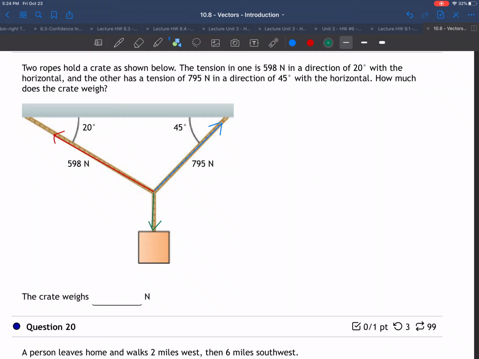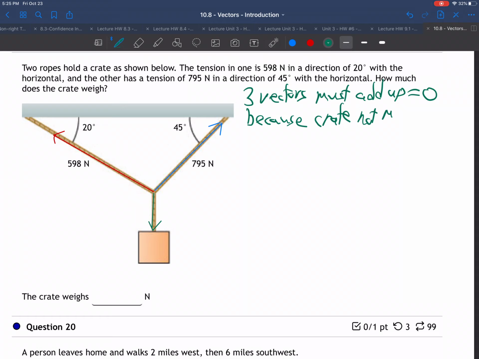Those three vectors must be balanced because the crate is not moving. The three vectors must add up to equal 0 because the crate is not moving.